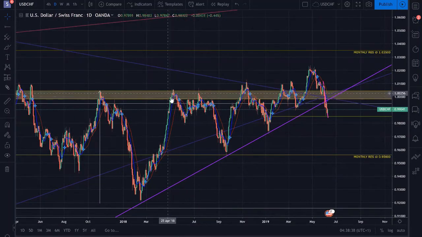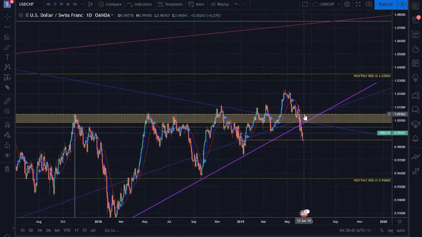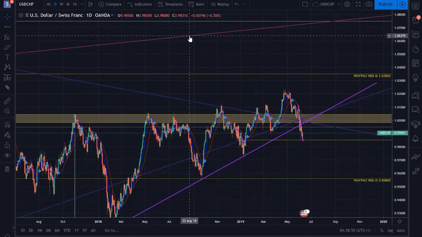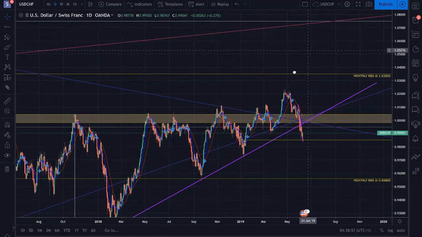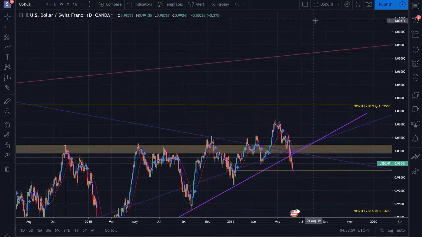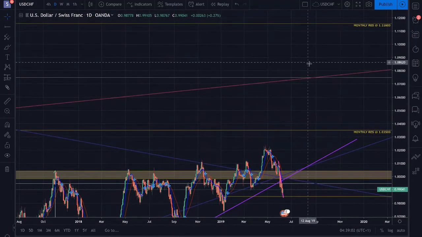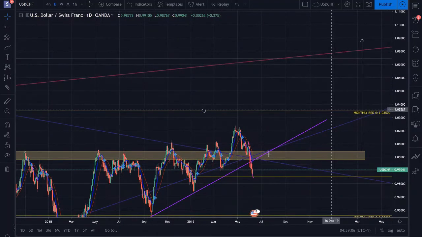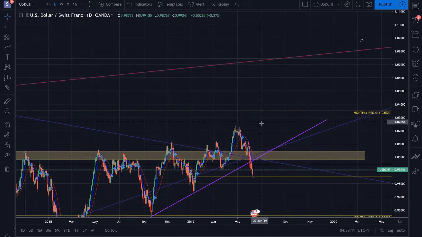This highlighted area I have here, if we can break above and maintain, I see us coming up towards our monthly support and then be magnetized to this weekly ascending trend line. So long term, I'm saying 1.1. Short term, obviously, we still have a lot of resistance areas to break through.